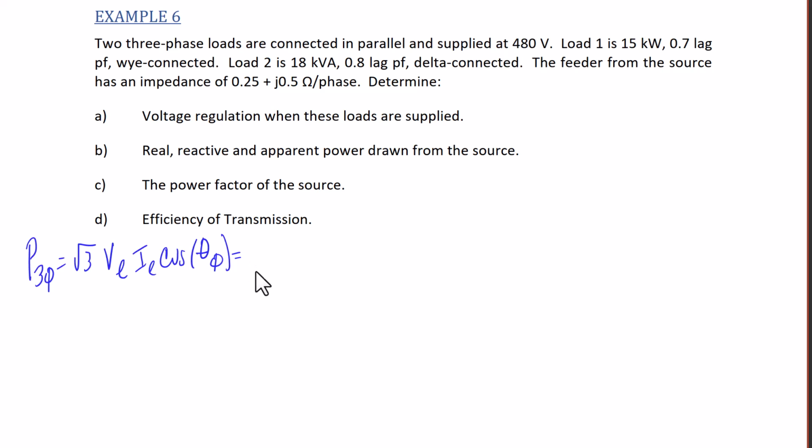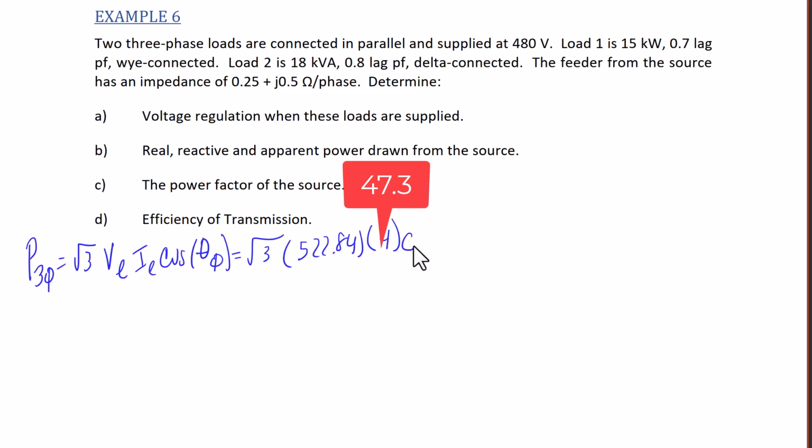So that's going to be the square root of 3 times 522.84 times 47.3 times the cosine of 43.6 degrees. Note that 43.6 comes from 2 degrees minus negative 41.6 degrees. And so the real power is 31.1 kilowatts.